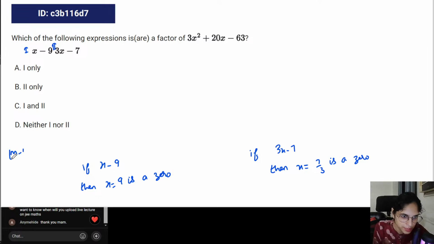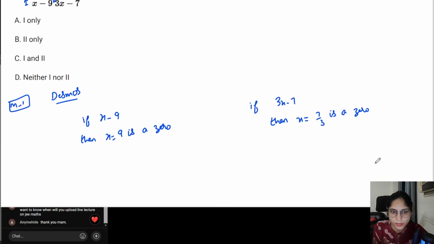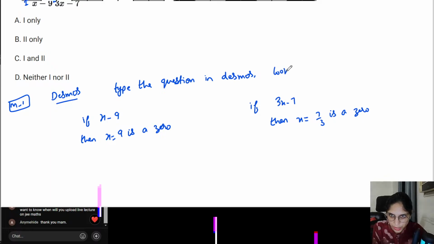This is method 1, Desmos. Type the question in Desmos. Look at x-intercepts.